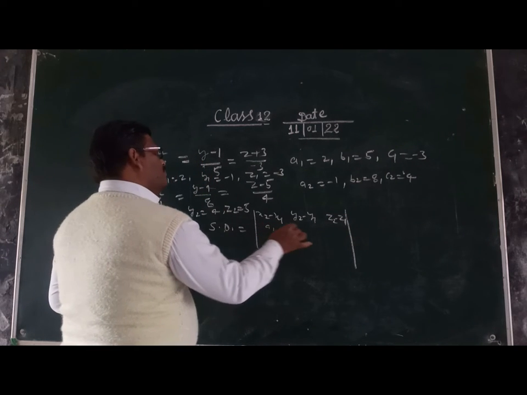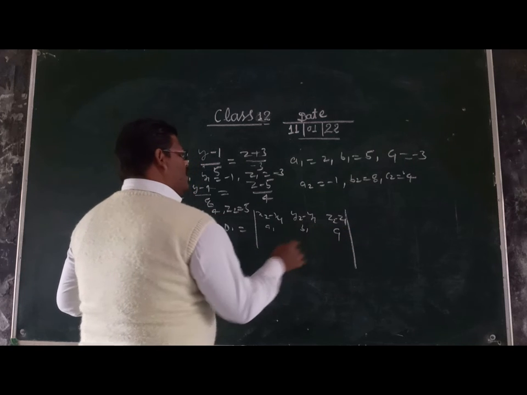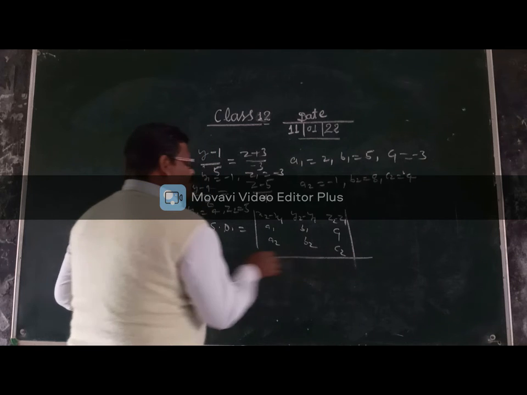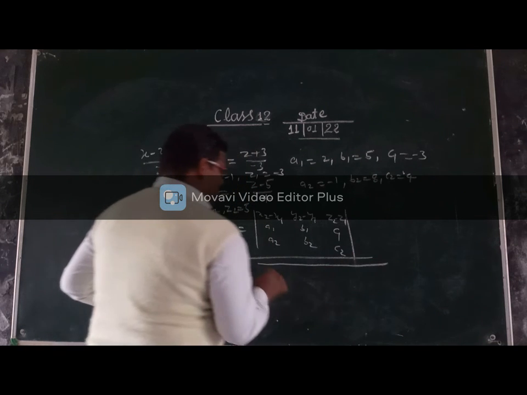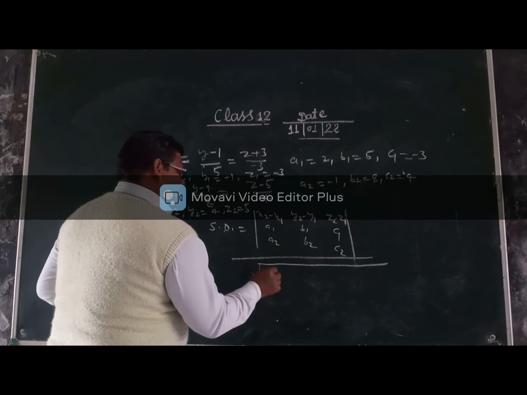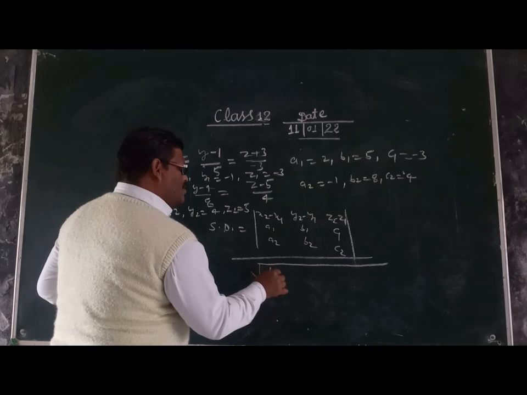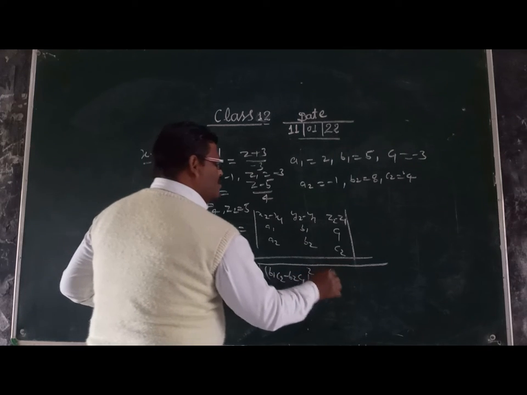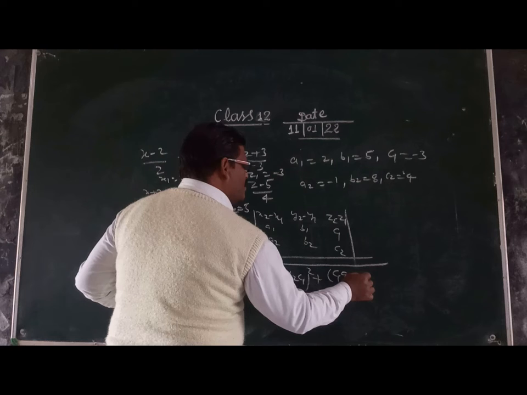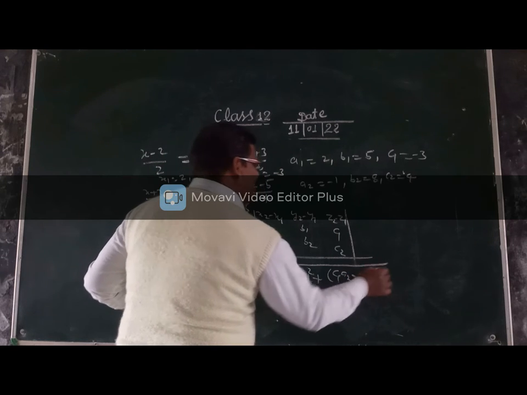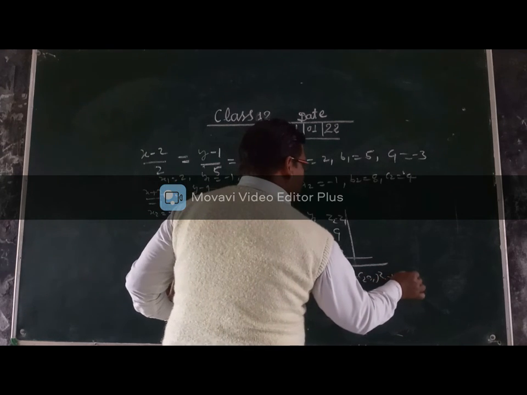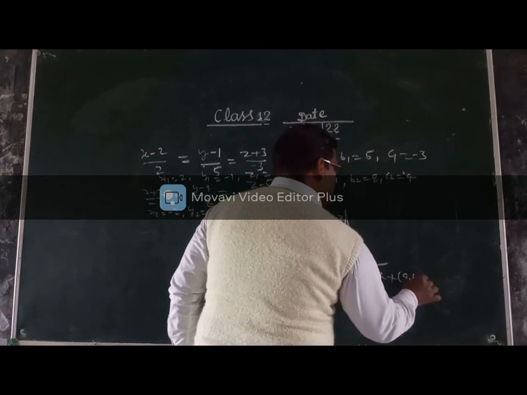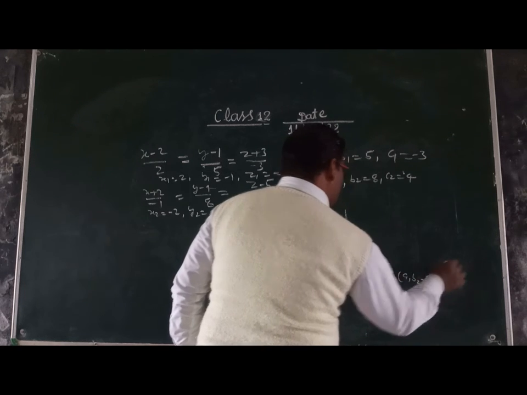Then a1, b1, c1, a2, b2, c2, divided by the square root of (b1 c2 minus b2 c1) whole square plus (c1 a2 minus c2 a1) whole square plus (a1 b2 minus a2 b1) whole square.